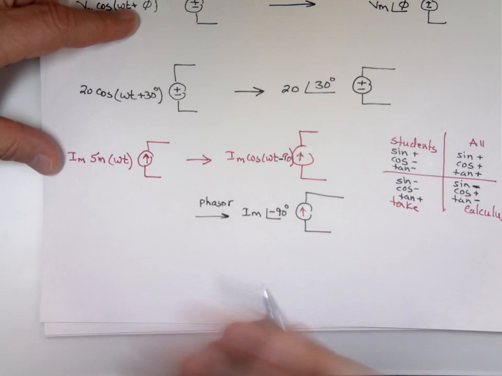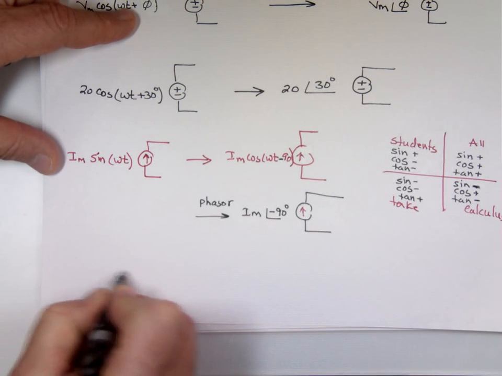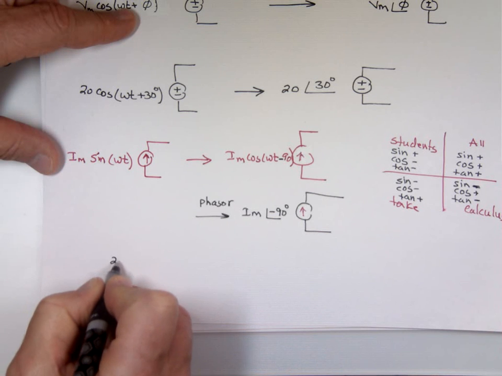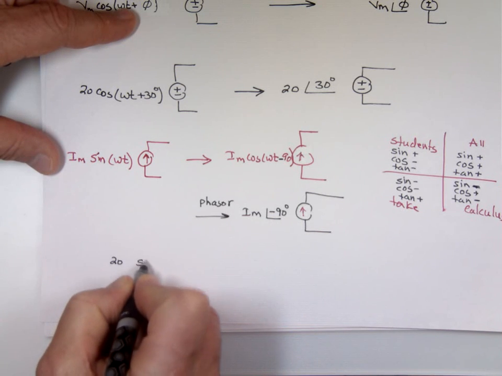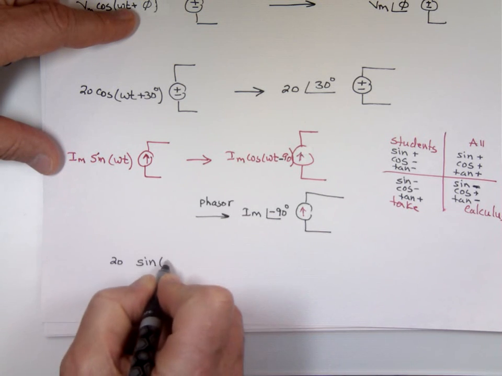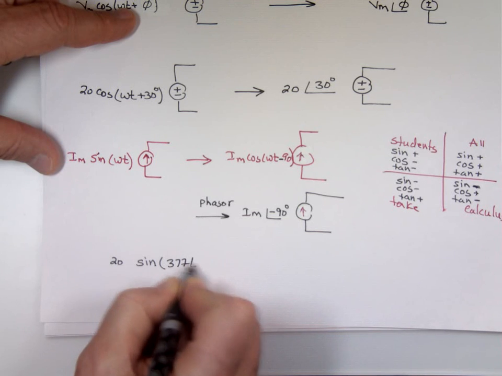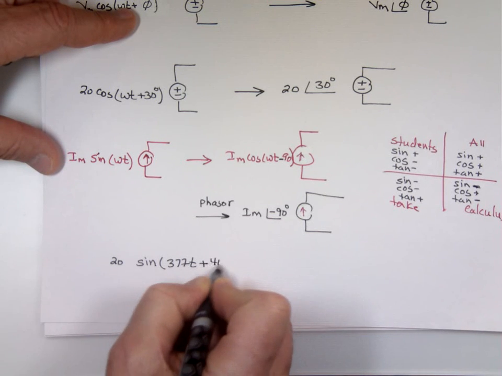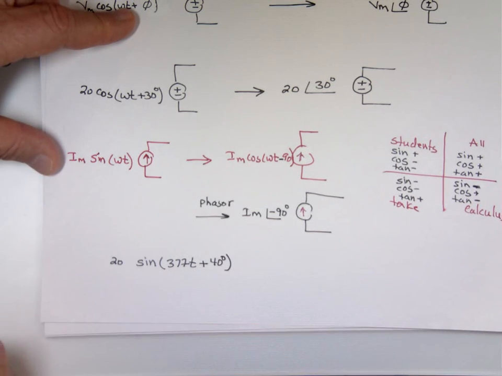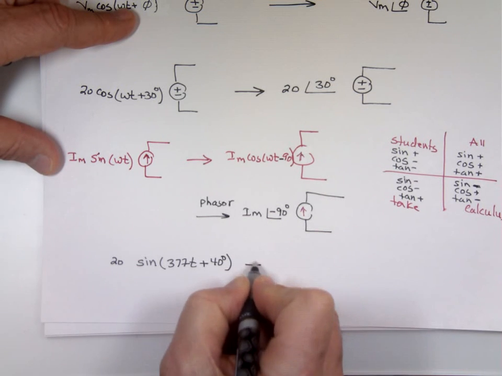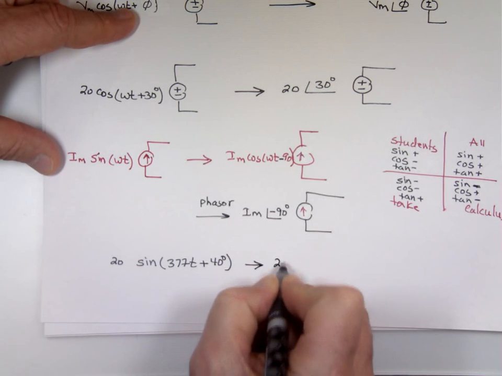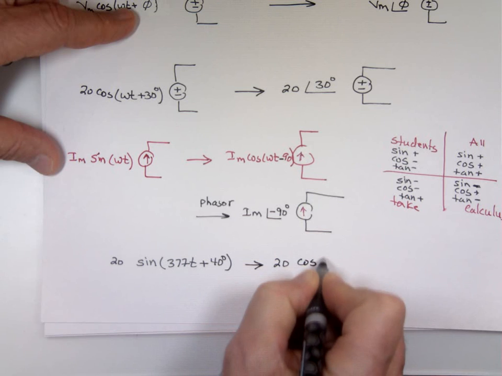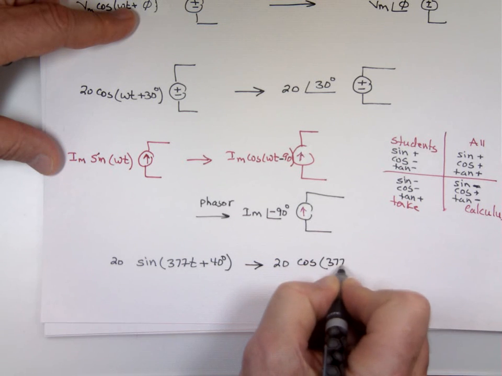So if I have, for example, my source now, a number here, if I have a current source or a voltage source, doesn't really matter, 20 sine 377t plus 40 degrees. I need to convert that to a cosine. This will be 20 cosine 377t plus the 40.